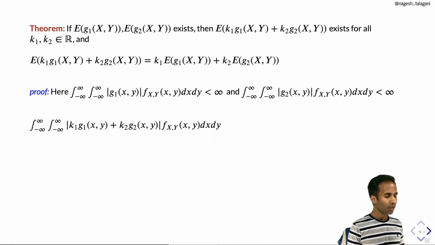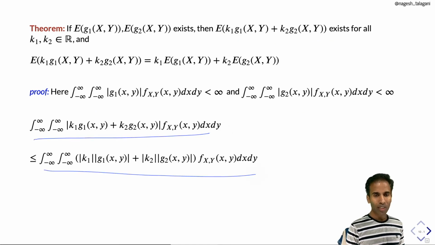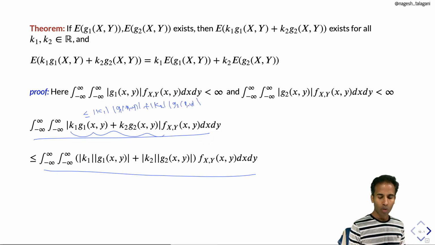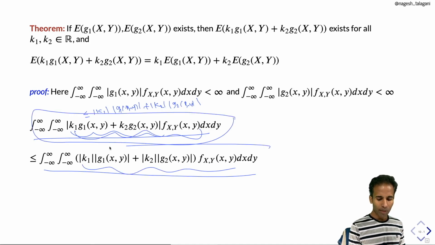Now I can say this integral is less than or equal to this one, because this part of the integrand, mod of k1 g1(X,Y) plus k2 g2(X,Y), I can write as less than or equal to mod k1 mod g1(X,Y) plus mod k2 mod g2(X,Y), because of the triangle inequality. So this integrand will be less than or equal to this integrand, so this integral will be less than or equal to this integral.